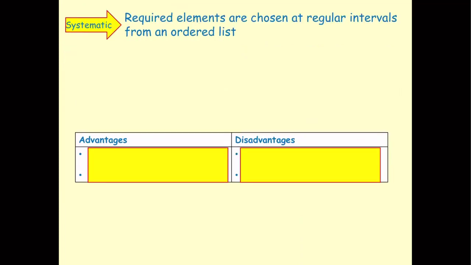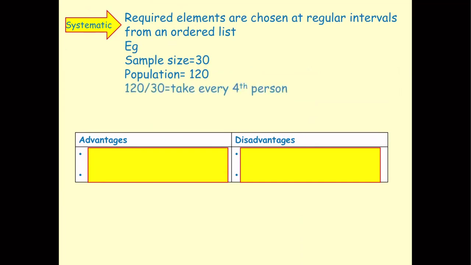The next one is called systematic sampling. This is when the required elements are chosen at regular intervals from an ordered list. For example, if I have a population of 120 and I know I want a sample size of 30, I will do 120 divided by 30, and that gives me 4.